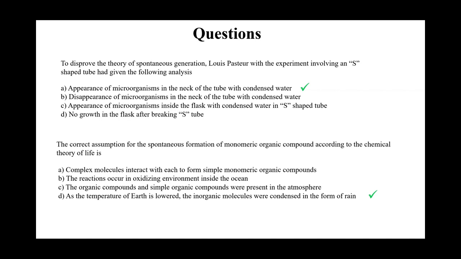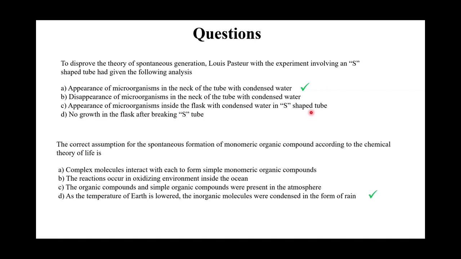Then appearance of microorganisms inside the flask with condensed water in the S-shaped tube: the tube is intact, but the organism is inside the flask. How come there is an organism in the flask? If the tube is present, there would be no contact between the air and the flask contents.